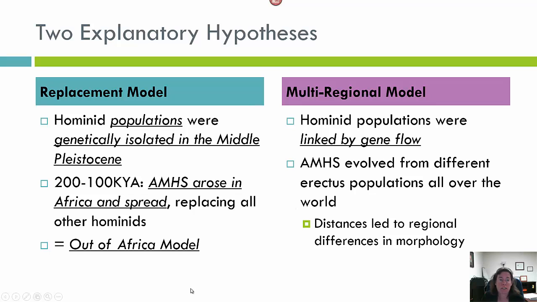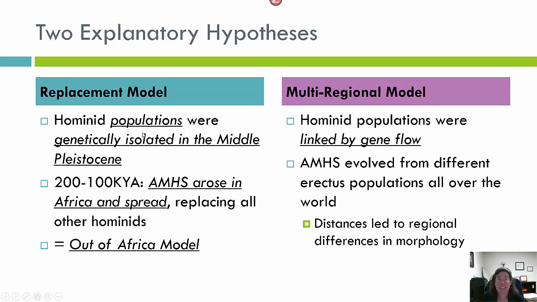The replacement model argues that hominid populations were genetically isolated from one another during the Middle Pleistocene. 200 to 100,000 years ago, anatomically modern Homo sapiens arose in Africa, spread out, and replaced all other hominids. This is the out of Africa model. Hominid populations, according to the multi-regional model, are linked by gene flow.